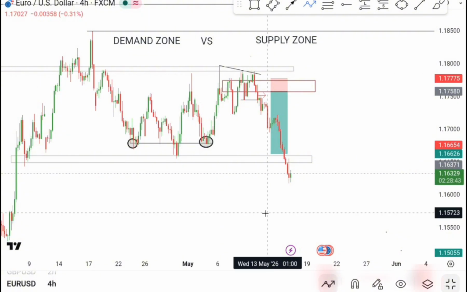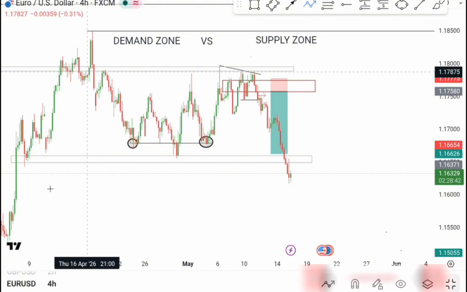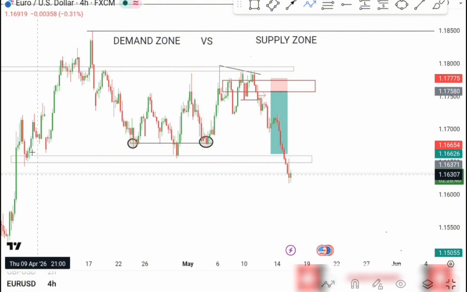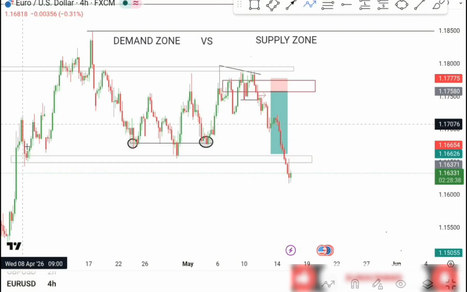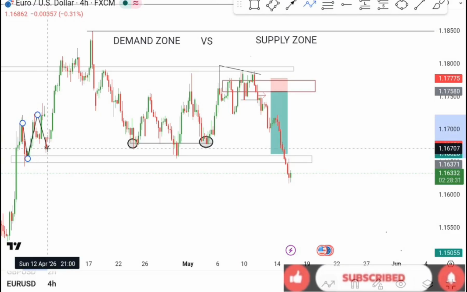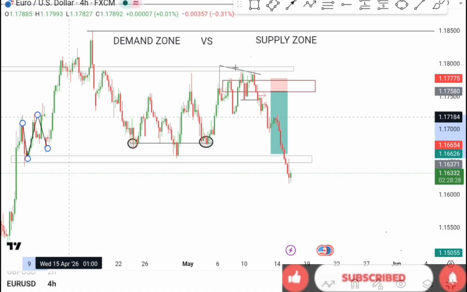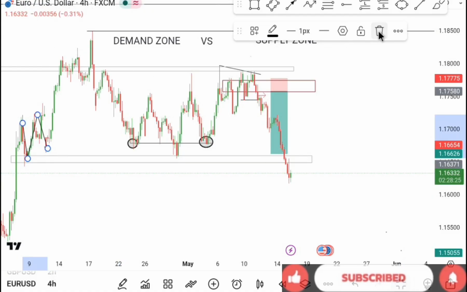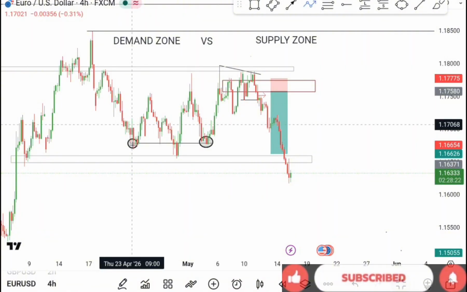Rally-based drop: price rallies up, consolidates in a tight base, then drops sharply. The base is your supply zone. This is the most reliable supply zone pattern. Rally-based rally: price rallies briefly, pauses in a base, then continues rallying.